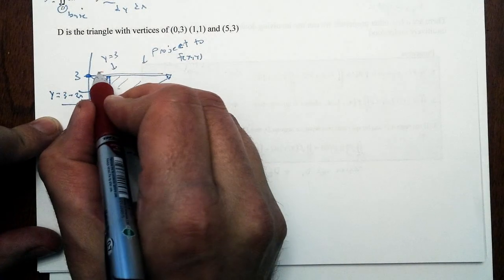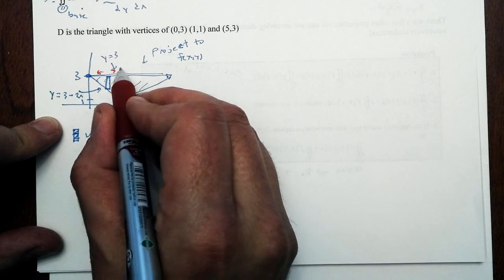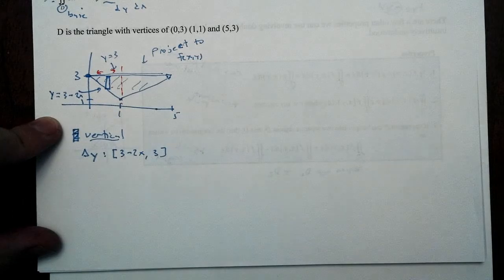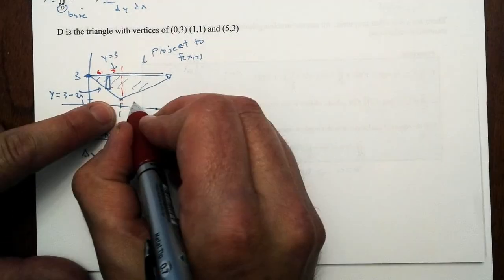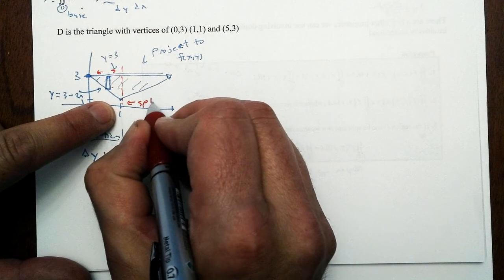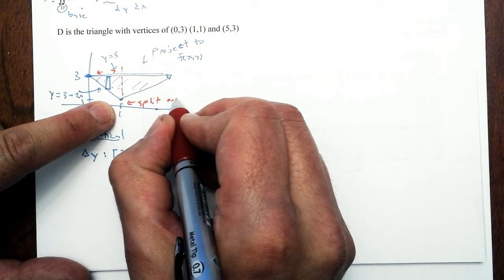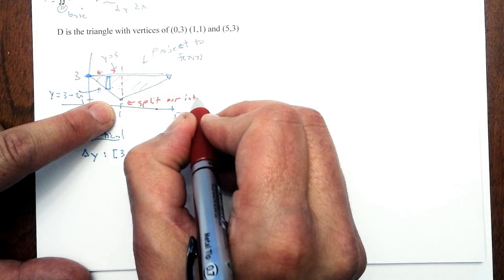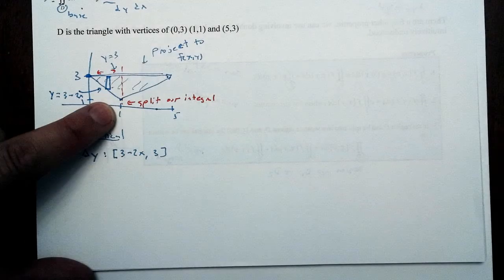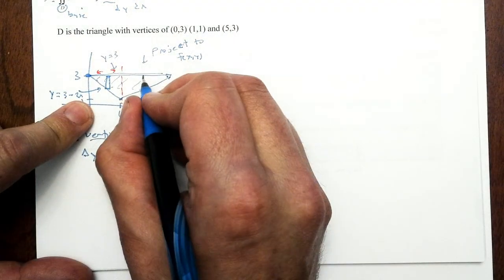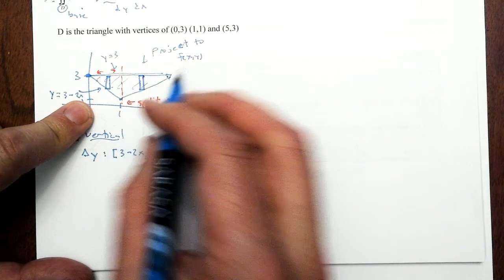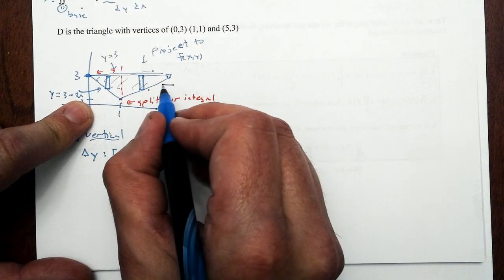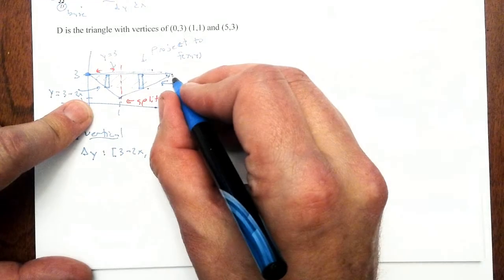But be careful. It's right here. Because if I move this triangle right and left, it's going to come across this boundary right here where everything changes. And this is telling me we have to split our integral. Because if I draw my new rectangle over here, my top is still 3, but my bottom is this new equation right here.